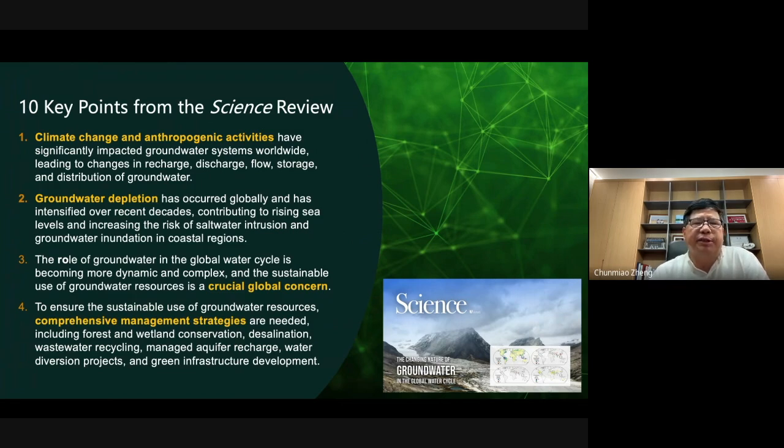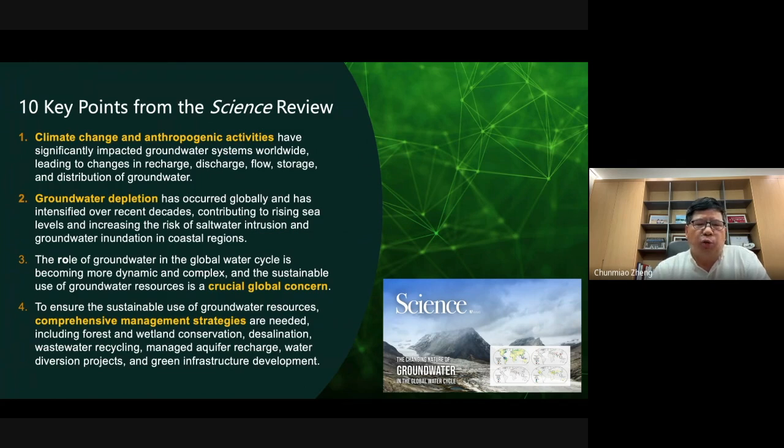First is that climate change and anthropogenic activities have significantly impacted groundwater systems worldwide, changing everything. And groundwater depletion has occurred globally, including Central Valley, California, High Plains, and North China Plain. It has intensified over recent decades. So this is really a global concern.